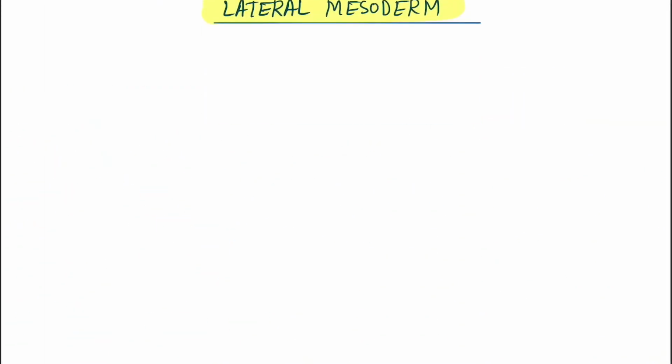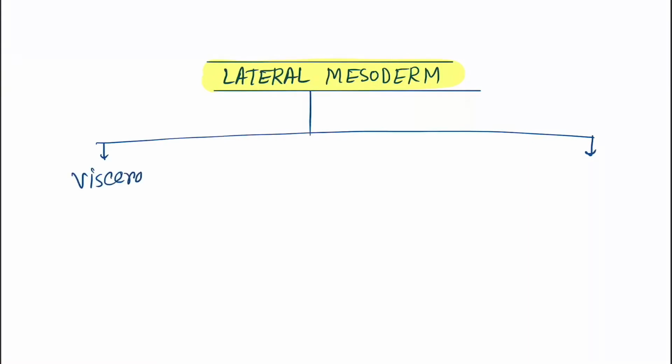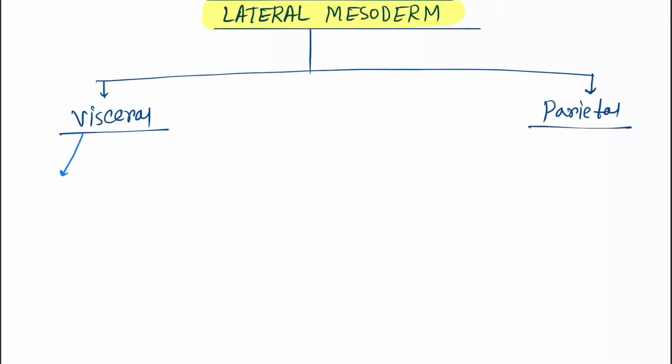Next, lateral mesoderm. So lateral mesoderm, first it divides into two different things. So first one is the visceral and second is parietal. Now visceral layer forms blood cells, microglia, and Kupffer cells.